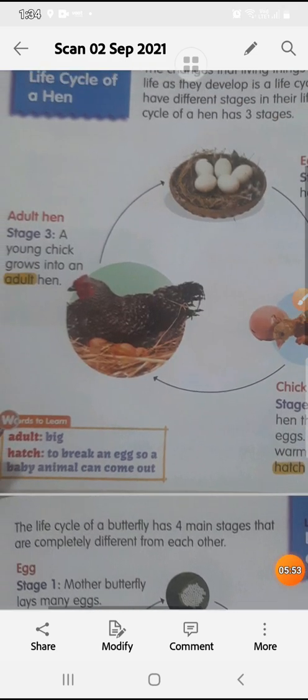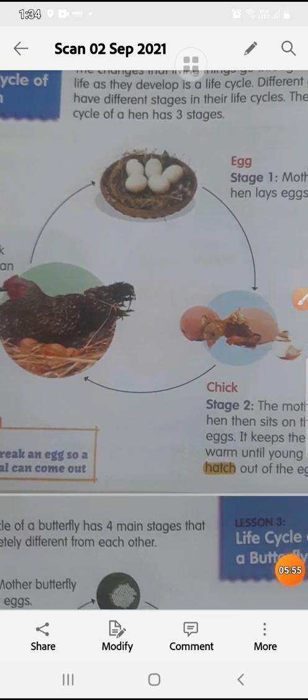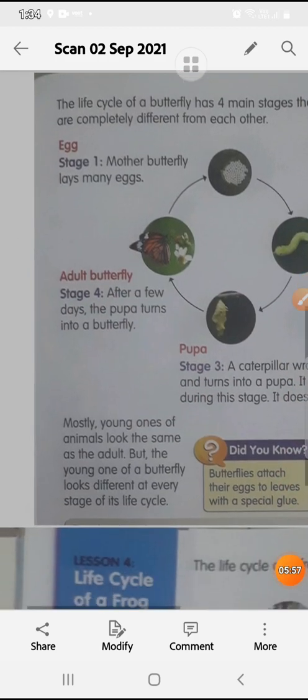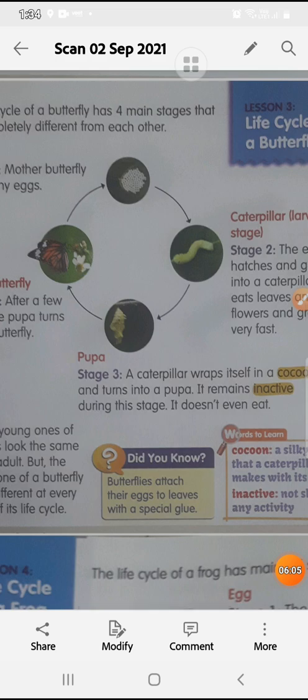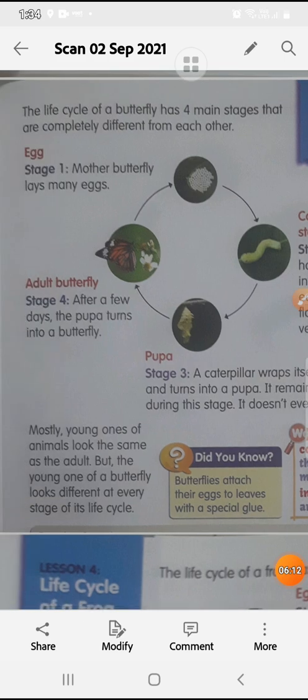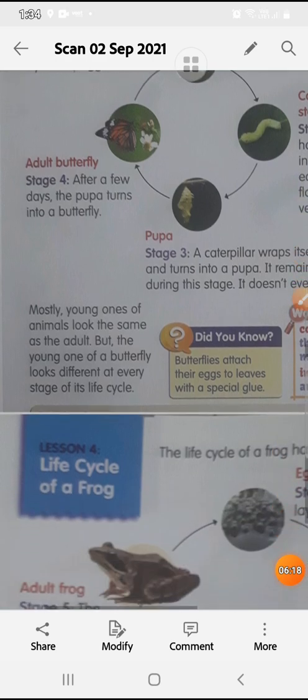Just like you can see, the chick of hen is just like hen, right? But the young one of a butterfly looks different at every stage of its life cycle. Yes, you can see in the first stage caterpillar, it is completely different from a butterfly, then a pupa, and then a butterfly.